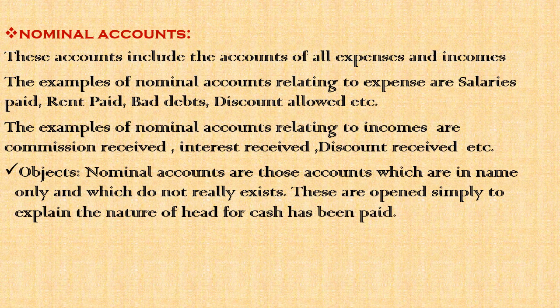These are opened simply to explain the nature of the head for which cash has been paid. So a nominal account is just a name, and in reality it doesn't exist. It is simply to tell where you have paid money or from where you have received money.